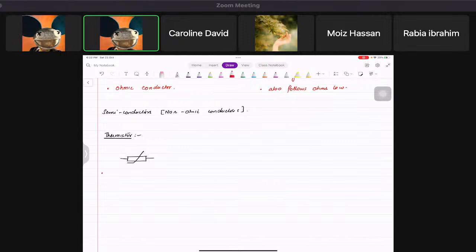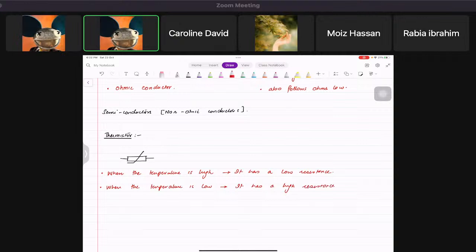For example, when the temperature is high, it has a low resistance, so it can allow more current. And when the temperature is low, it has a high resistance, so it doesn't allow current to really flow.